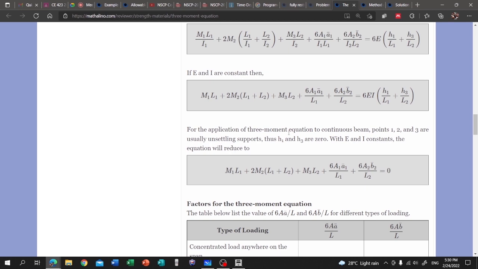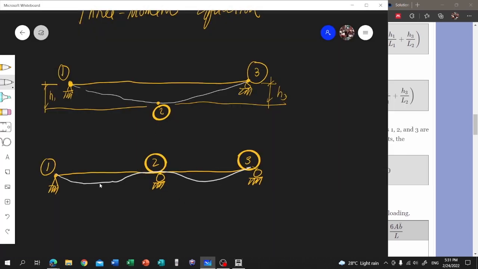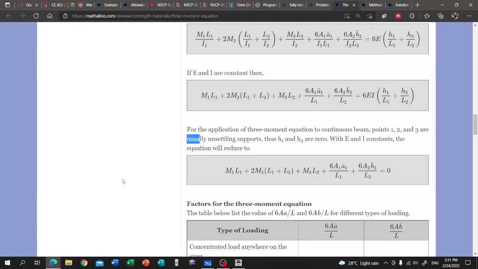For the application of three-moment equation to continuous beam, points 1, 2, and 3 are usually, but not always, unsettling support. Thus, H1 and H3 are 0. So, magsi-0 later niya for this case, if the points nga imo ginpili pag solve han three moment equation are on the unsettling support.